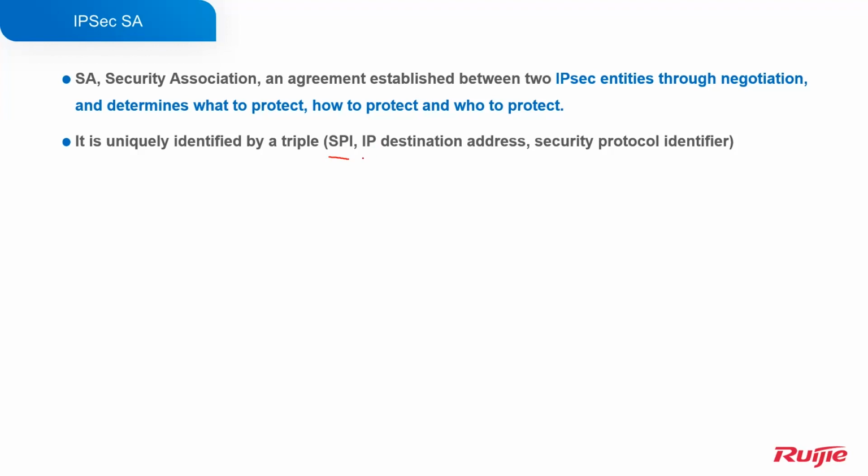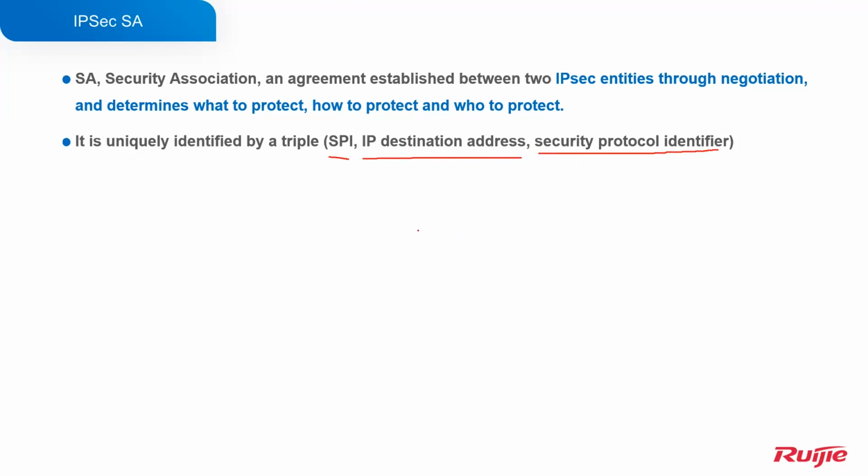And we also have the IP destination address. For example, if the left is the branch, the IP destination address is the IP address of the headquarters. And also we will have the security protocol identifier. You also have to select whether you want to use AH or maybe ESP. And also which algorithm you want to use, something like this.